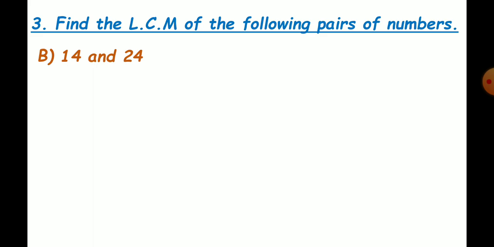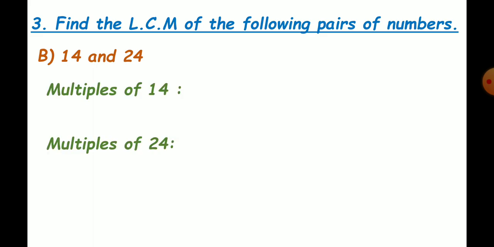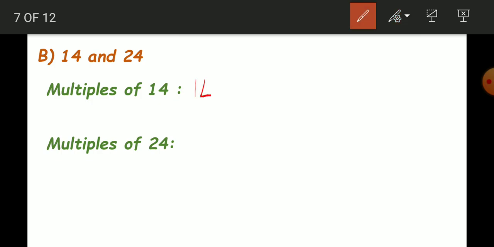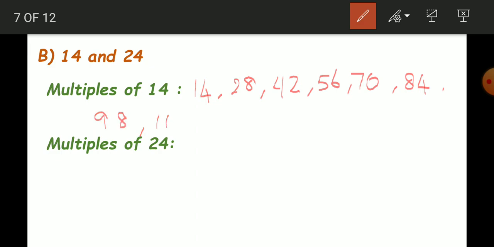Write the first 10 multiples. 14, 14 twos are 28, 14 threes are 42, 14 fours are 56, 14 fives are 70, 14 sixes are 84, 14 sevens are 98, 14 eights are 112, 14 nines are 126, 14 tens are 140. So I have written till 10 times.